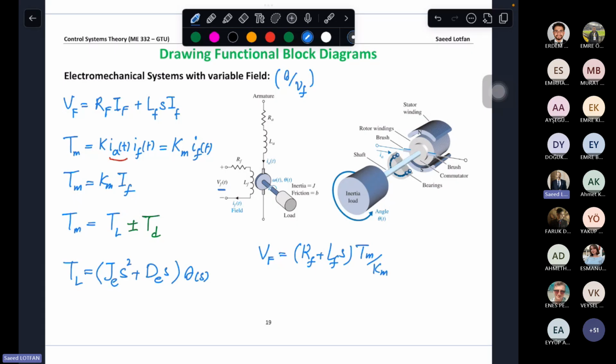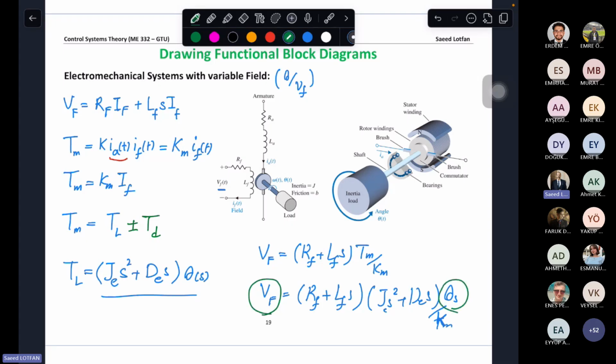So TM over KM, and we have this expression, so VF is equal to RF plus LFS times J equivalent s squared plus D equivalent s times theta of s over KM. From here I can find the relationship between theta and VF. This one is much simpler than the previous one. So you can see in one page we came to the transfer function.